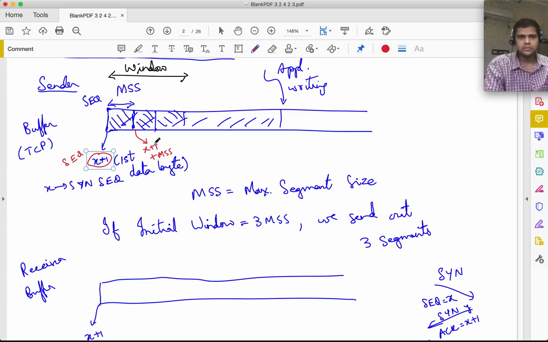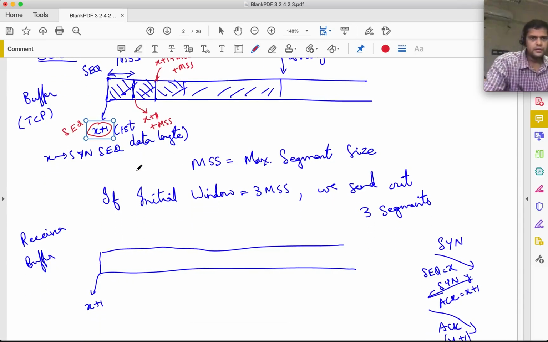So the sequence number and ACK number correspond to the byte number. And the third one is going to be X plus 1 plus MSS plus MSS. So when you send out these segments, this is the sequence number that you would include for each of them in the TCP header.